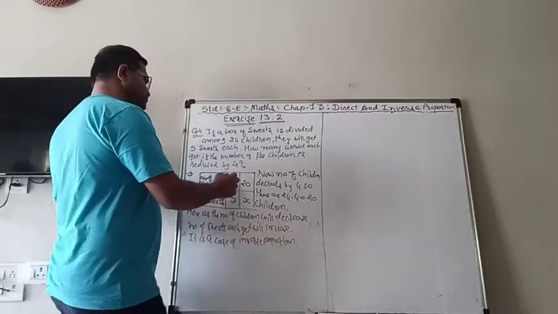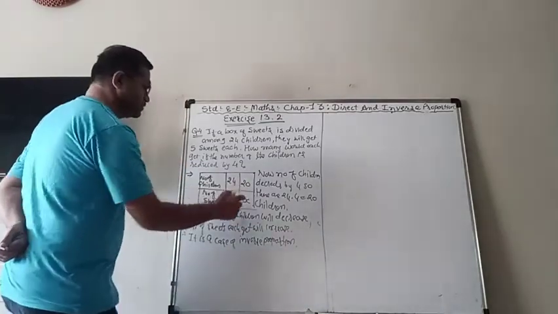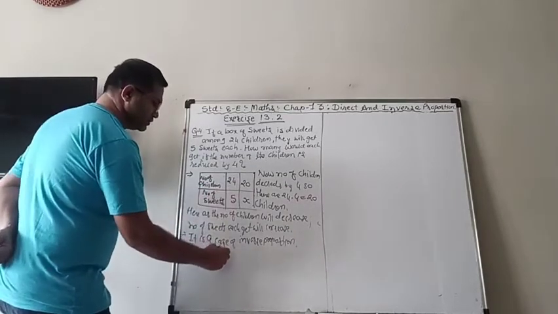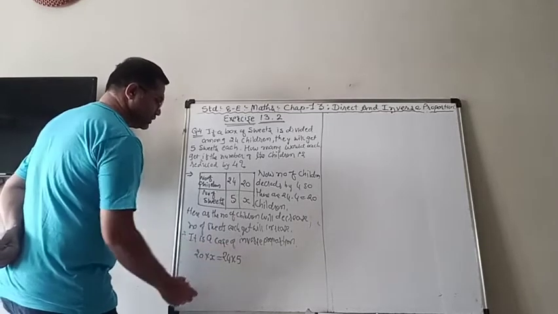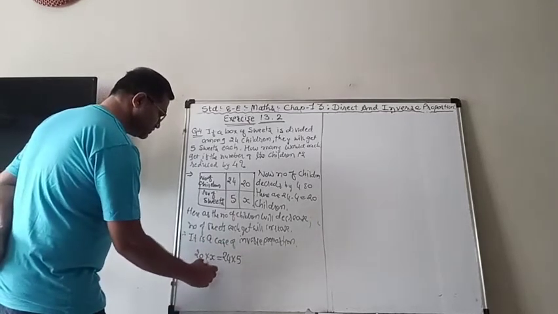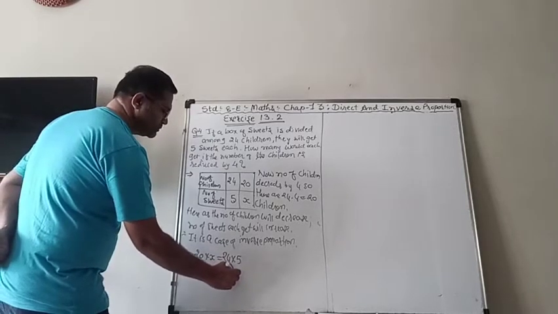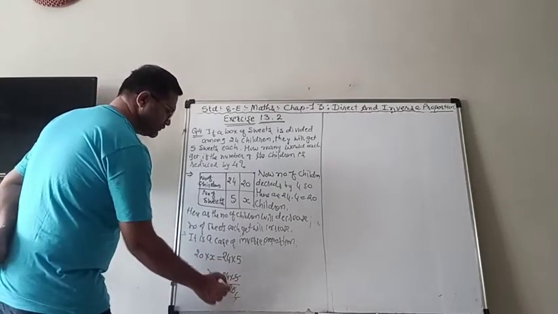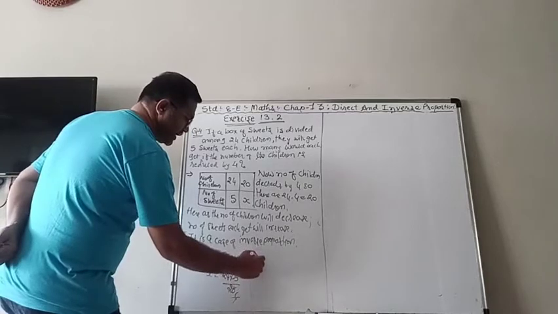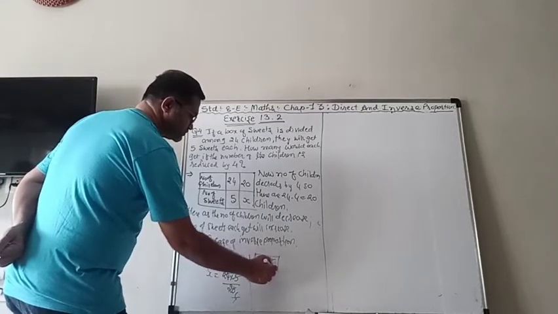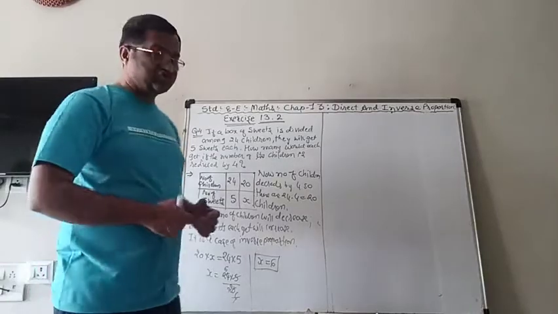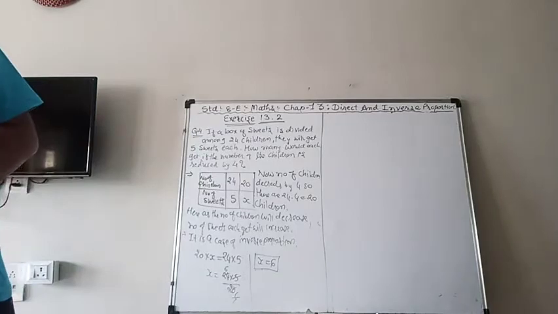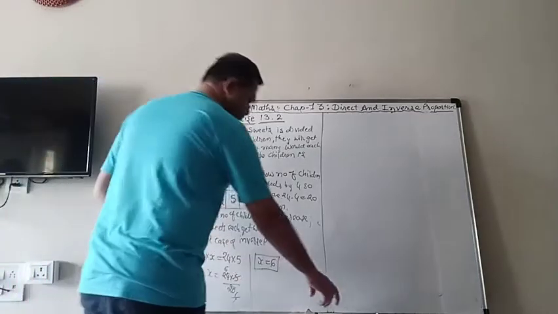So now in inverse proportion we know that the multiplication is equal. So we can take 20 multiplied by x is equal to 24 multiplied by 5. So x is equal to 24 multiplied by 5 upon 20. 5 4s are 20, 4 6s are 24. So we get x is equal to 6. So when 4 children are reduced, then each one will get 6 sweets.